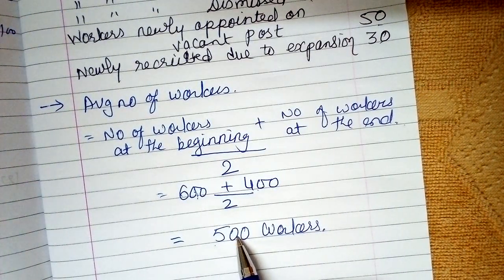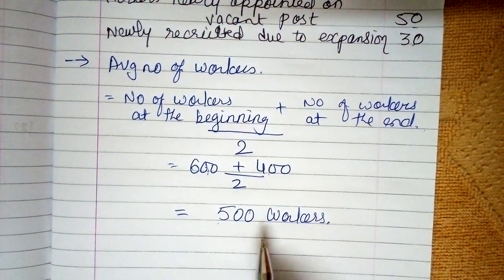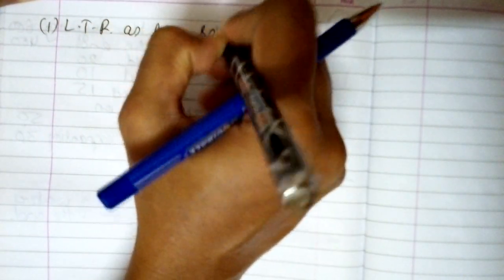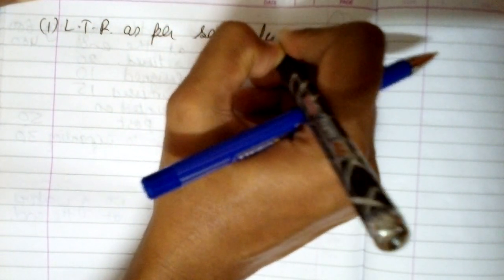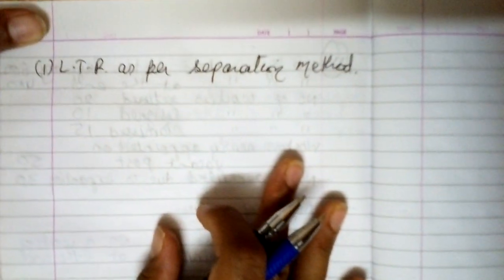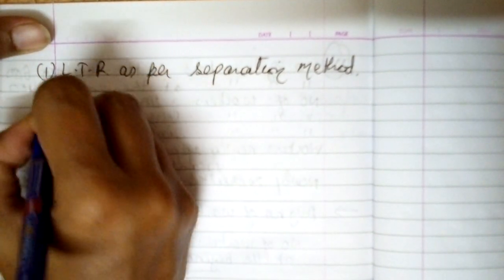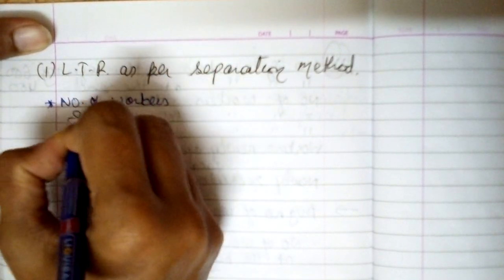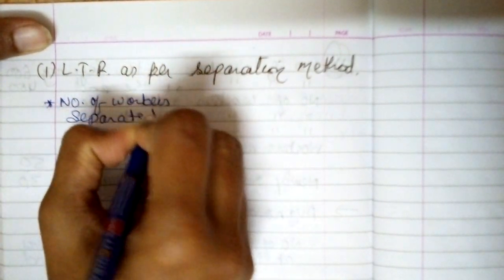So that we have found out the average number of workers. Now we are moving towards the LTR as per separation method. Right? So first we need to calculate, working note, number of workers separated.